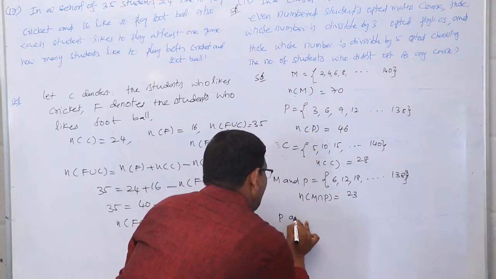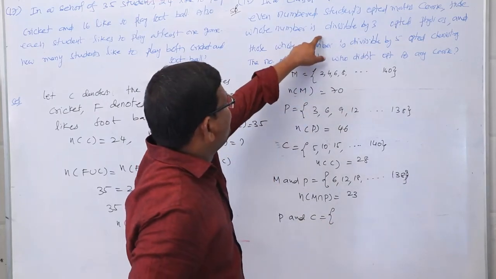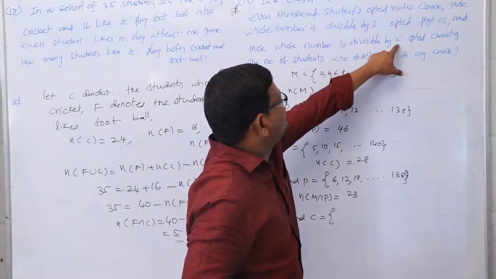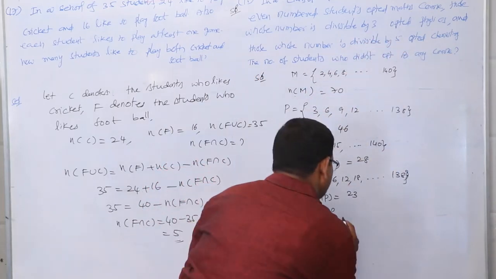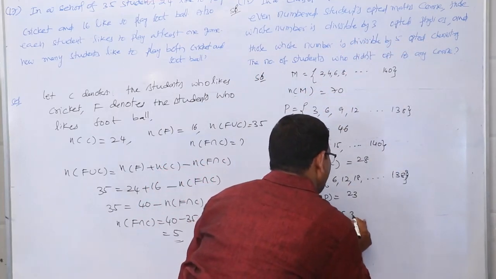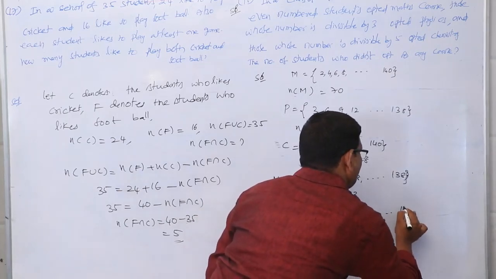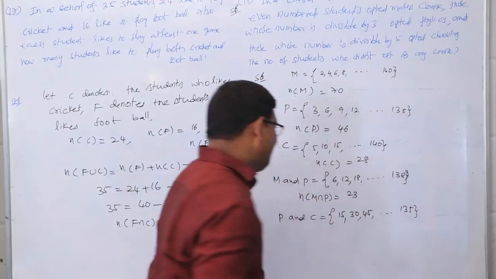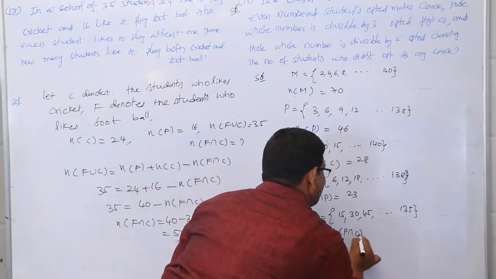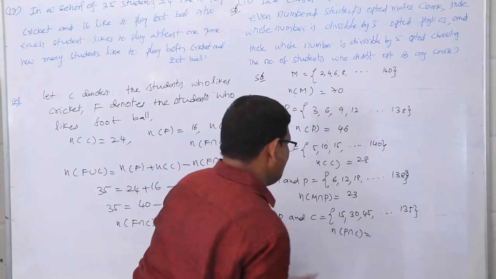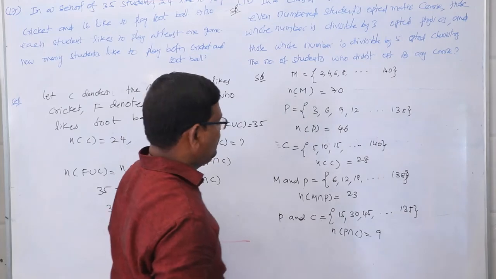So P and C, here P is 3 and C is 5. The LCM of 3, 5 is 15. That equals 15, 30, 45, up to 135. Number of P intersection C equal to 9.